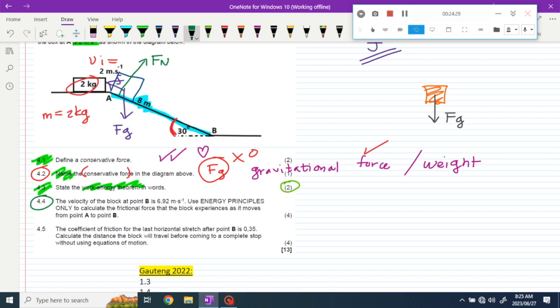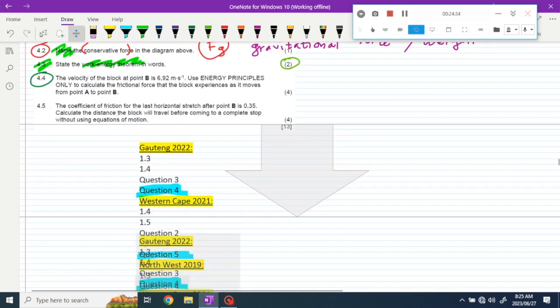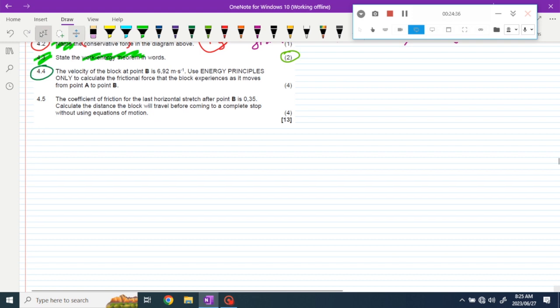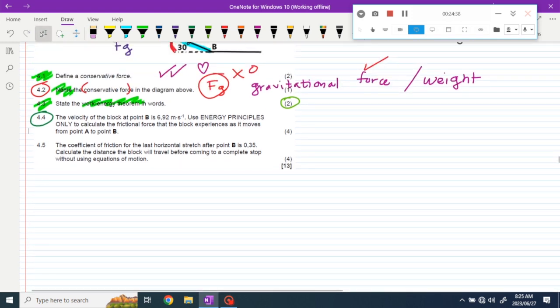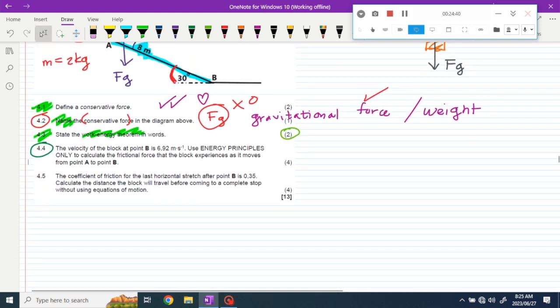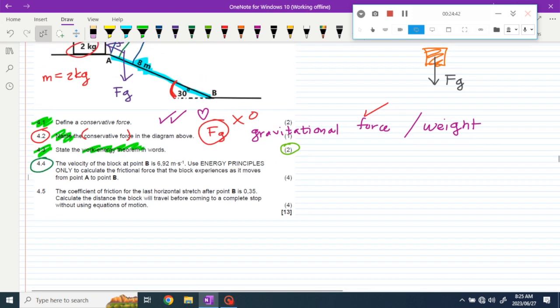Then we're in 4.4, and I'm going to try to spend a lot of time on this. So if you're really good at work, energy, and power, please forgive me. Okay, I guess you can only get better, but I'm going to spend a lot of time on this. They now say the velocity of the block at point B is 6.92 meters per second. So what are we going to do?